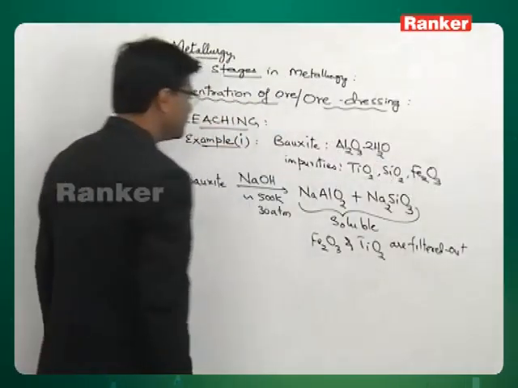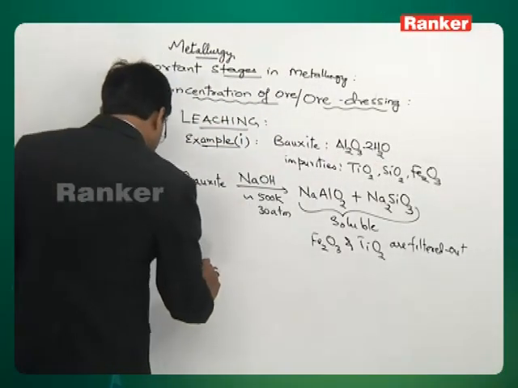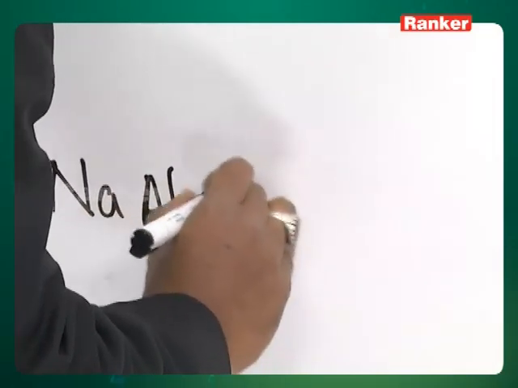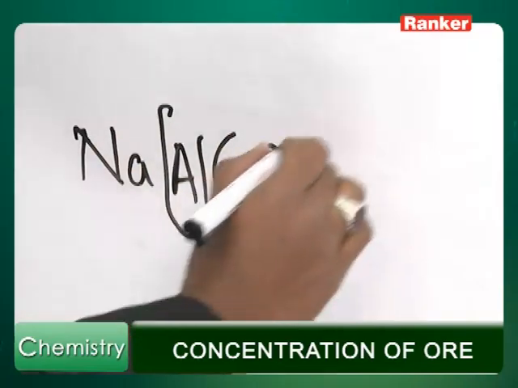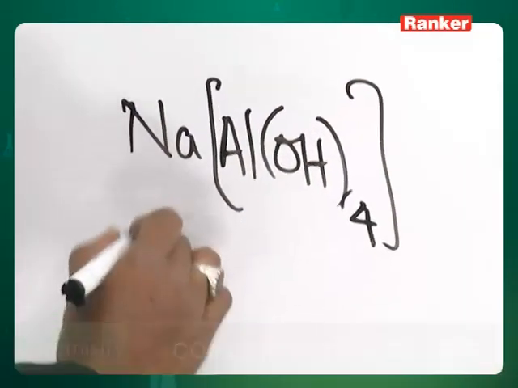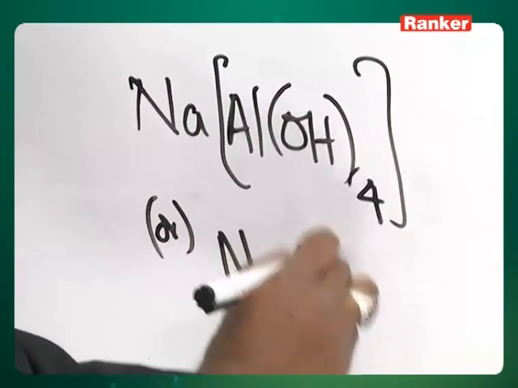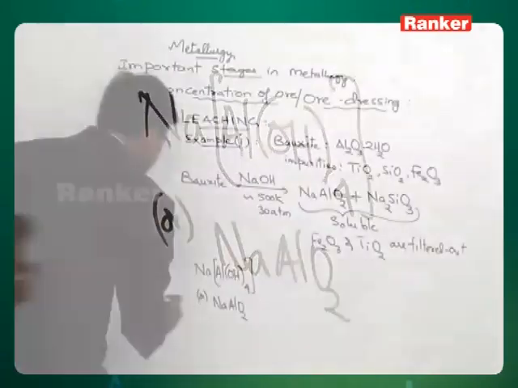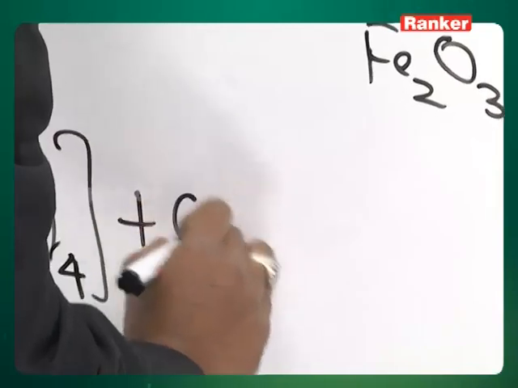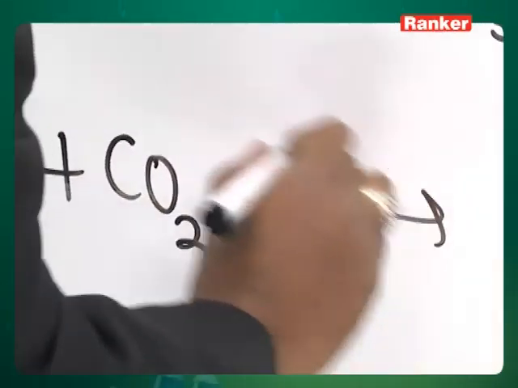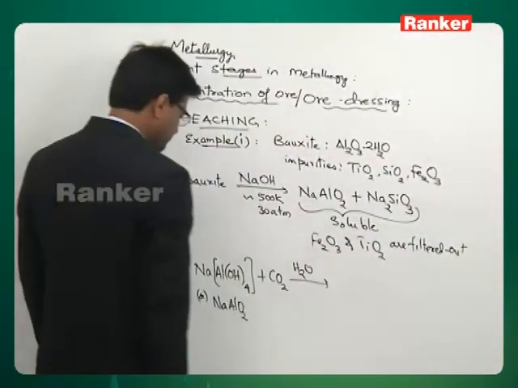They are removed. Now, in this solution, you can as well write it like this: Al(OH)4, taken 4 times. This is same as NaAlO2. To this, we add carbon dioxide in aqueous solution.